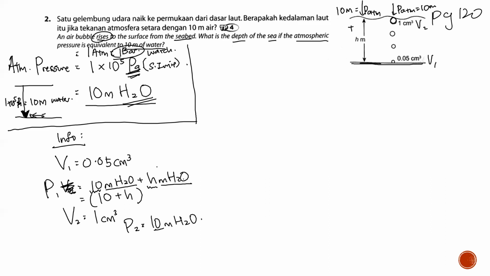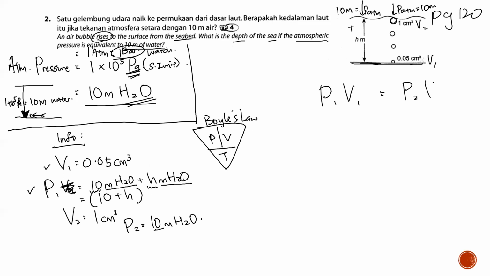See, we got P, we got V, means we are using Boyle's law. So P1 V1 equals P2 V2: P1 is 10 plus h, V1 is 0.05, P2 is 10, V2 is 1.